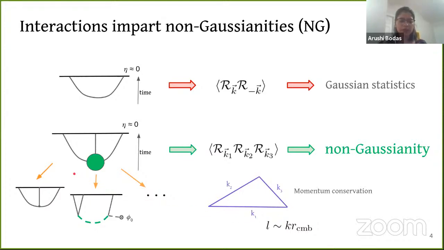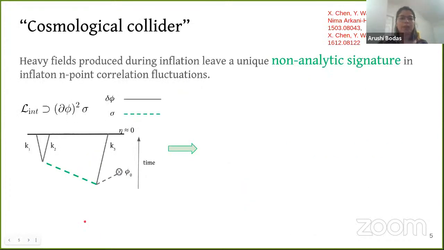So there can be various types of interactions, and the one I would like to focus on is the interaction which is mediated by a heavy field. Why that is interesting is that a heavy field mediating a 3-point function, when it's produced during inflation, leaves a very unique non-analytic signature in higher n-point functions.